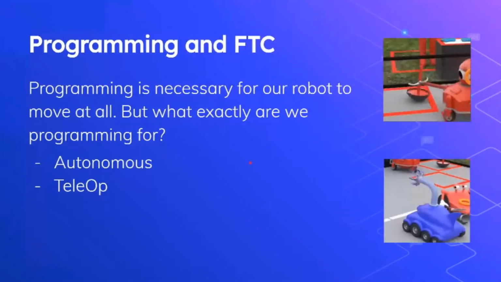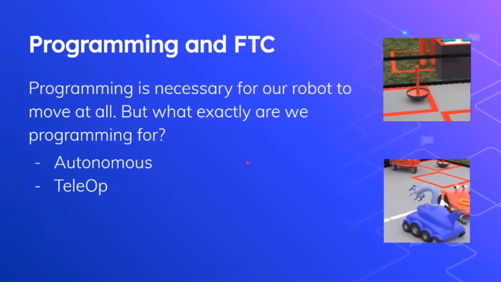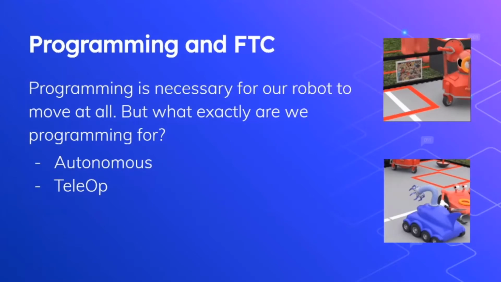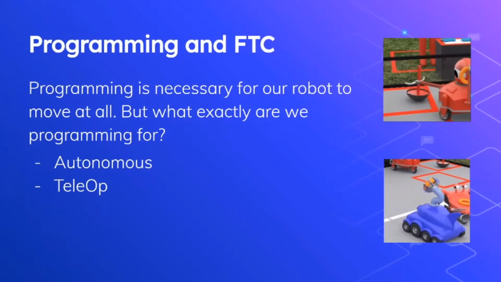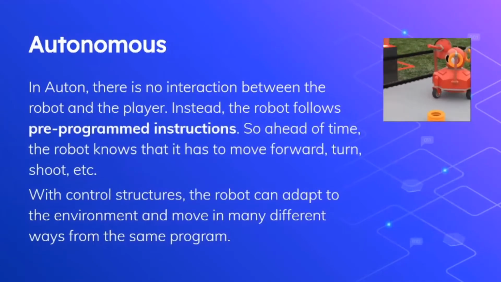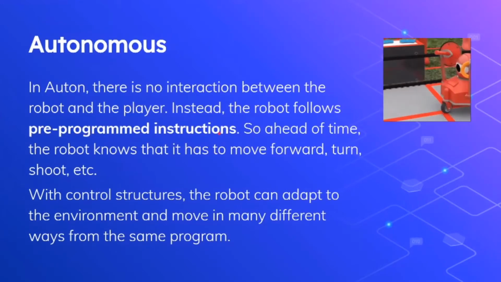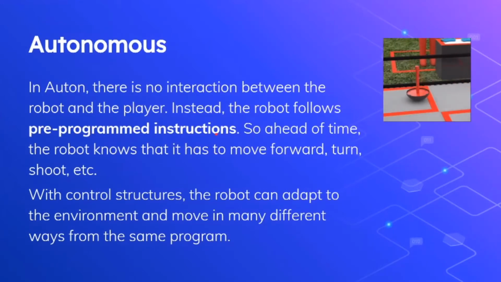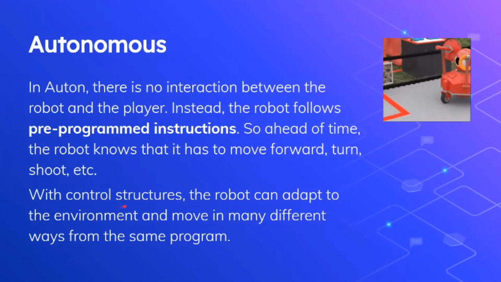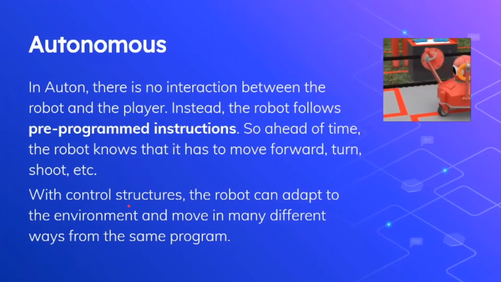So programming in FTC, we went over the slide last time as well, but essentially you're trying to program for both the autonomous and the teleop periods during the game so that you can complete the assigned tasks that you need. So in autonomous, there isn't any user interaction at all. The robot has to run on pre-programmed instructions. So ahead of time, the robot already has an idea of where it needs to go. And then with control structures, the robot can adapt to the environment and move based on a specific condition.